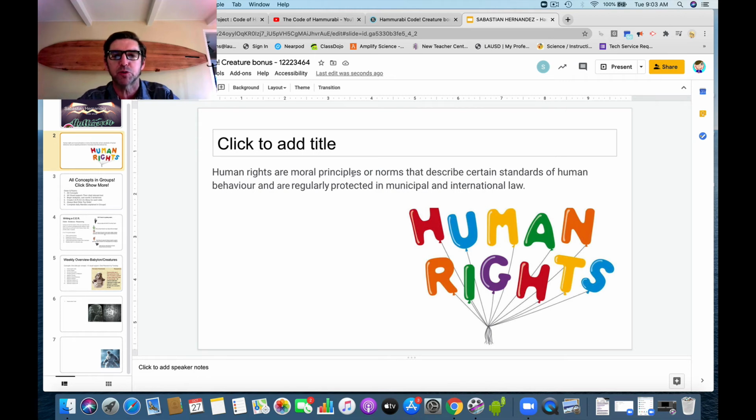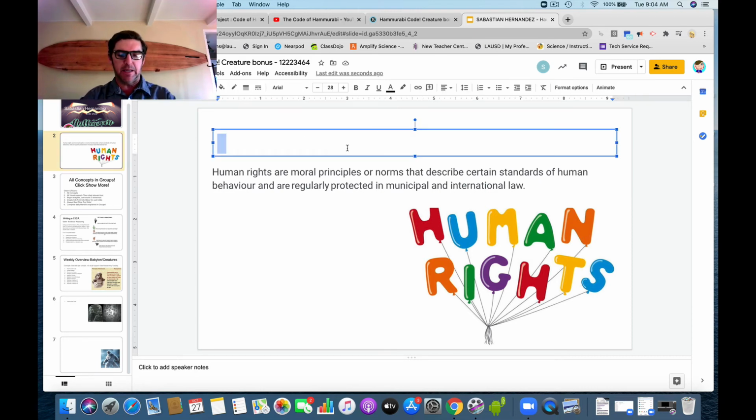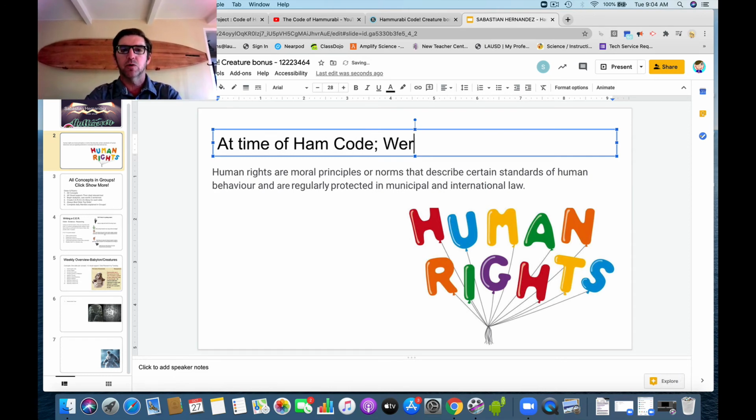Human rights are moral principles or norms that describe certain standards of human behavior and are regularly protected in municipal and international law. So what we want to answer is: at the time of Hammurabi's Code, were all people equal? That's our question.